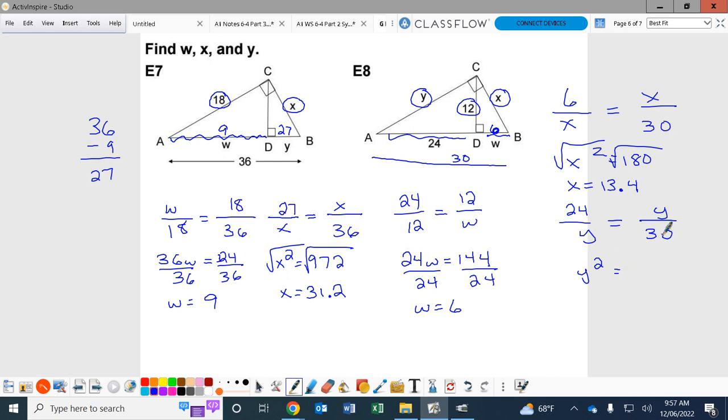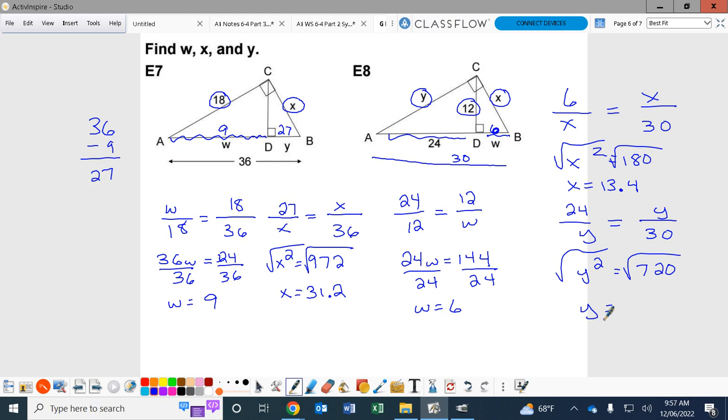What's 24 times 30? 720? Take the square root. Y equals the square root of 720. Hold on, don't say it, I want to see. 24 times 24 is 625. It's 25 times.